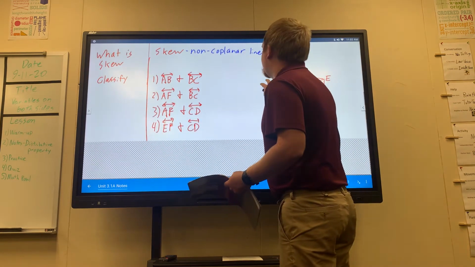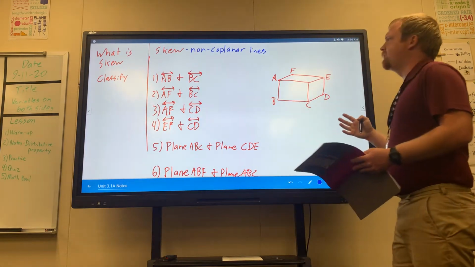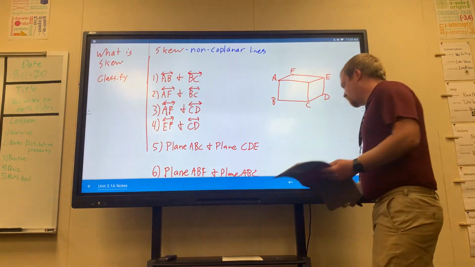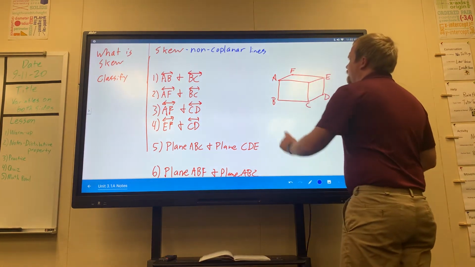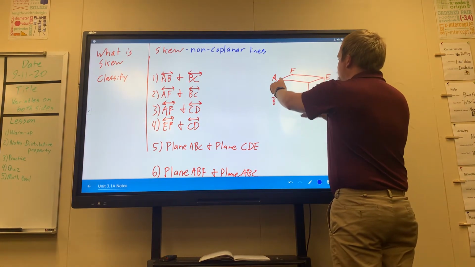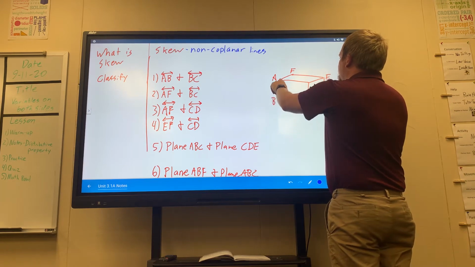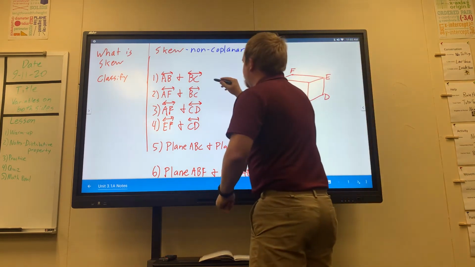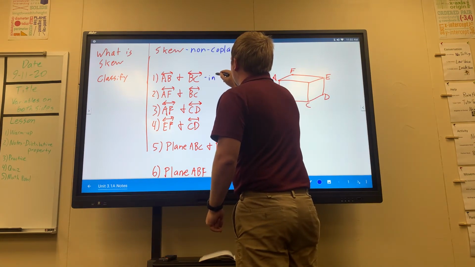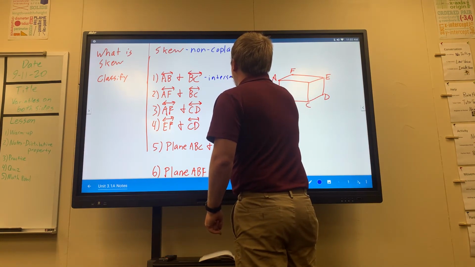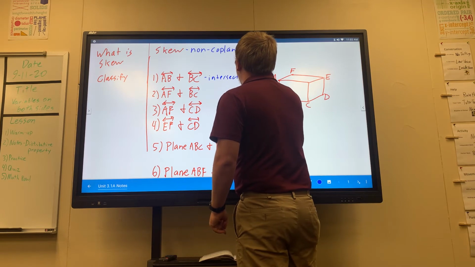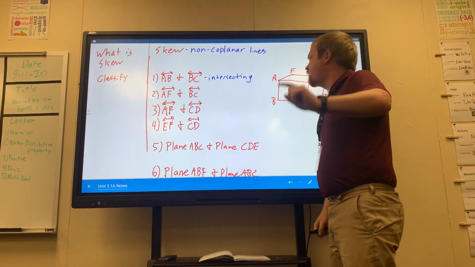Now, if we want to classify some of these lines, this is what we're looking at. So I have line AB and BC. If I extend these as lines, this one is an intersecting line. Okay? It has 1 point of intersection.